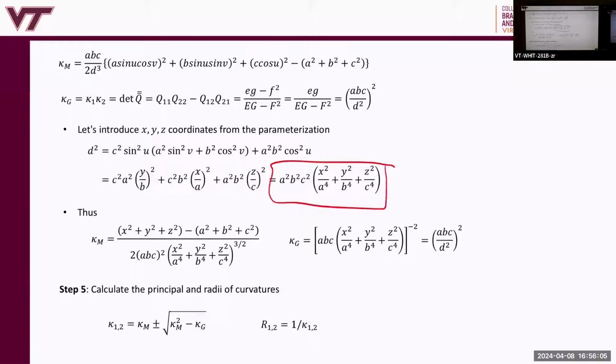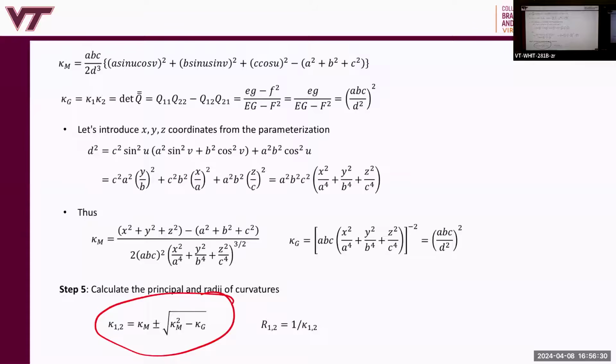So we've introduced the Cartesian coordinates rather than the parameterized u and v. Then we can calculate kappa m and kappa g in terms of the D squared here. Now kappa m has x, y, and z, and kappa g has x, y, z. Now we can calculate the principal directions, or principal curvatures, and the principal radii of curvature.